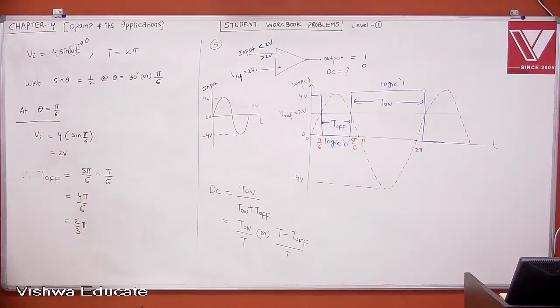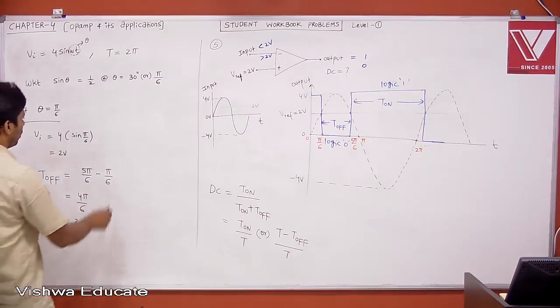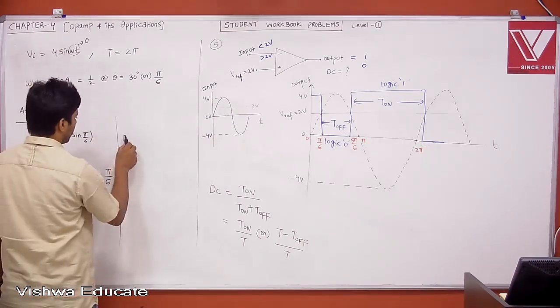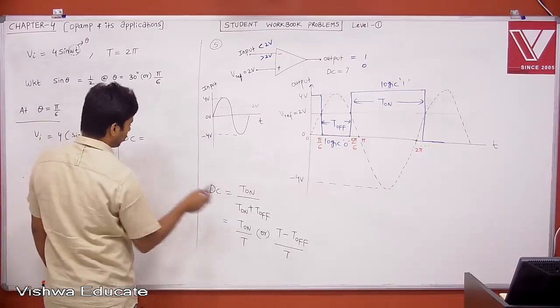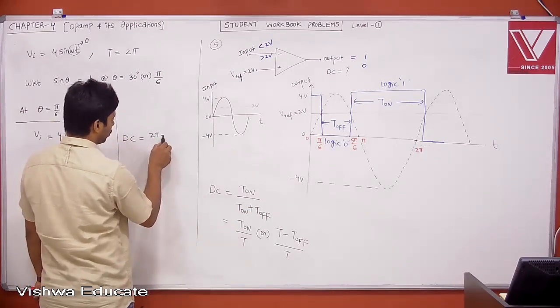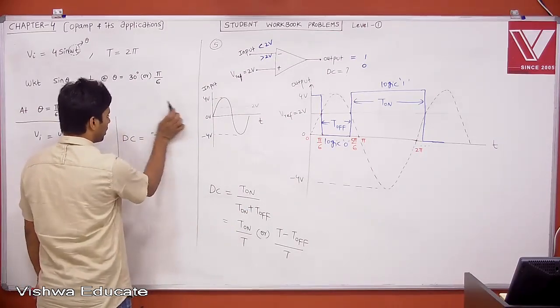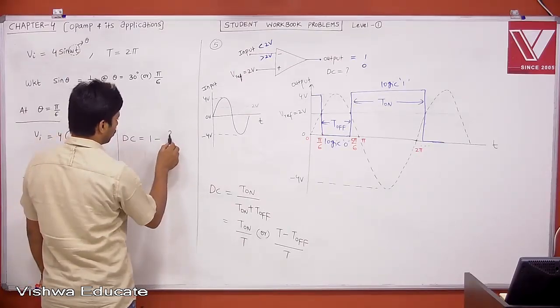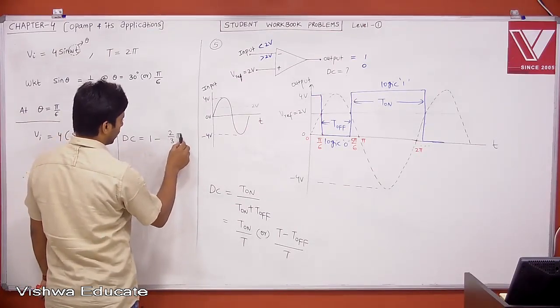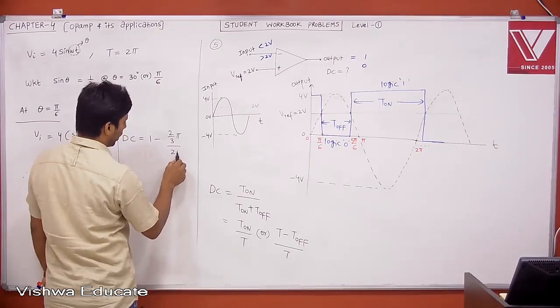Then tell me, what is our duty cycle? Duty cycle is nothing but on time. What is on time? T minus T off. What is T? 2 pi. So I can say directly, it is 1 minus off time, 2 by 3 pi, divided by 2 pi.